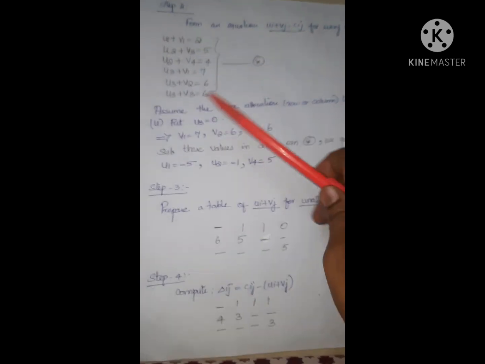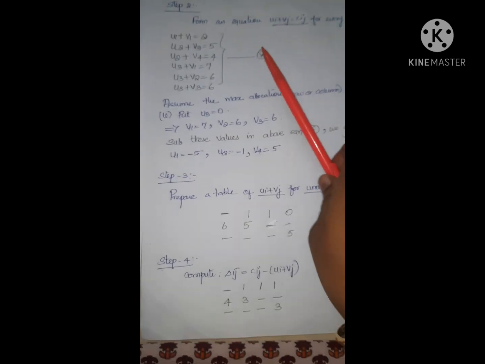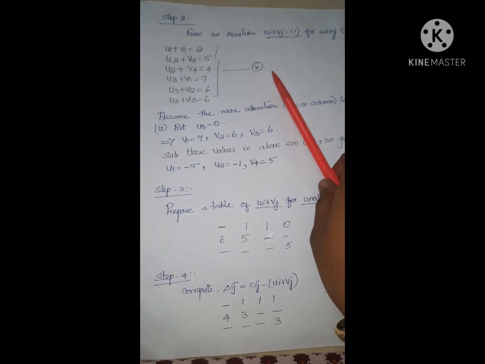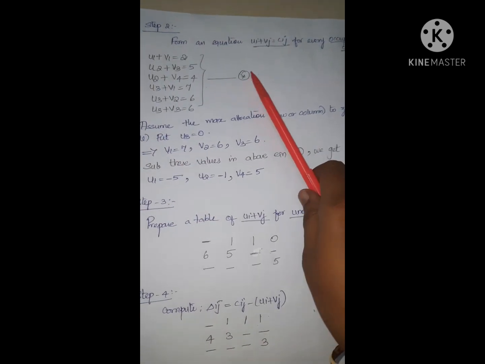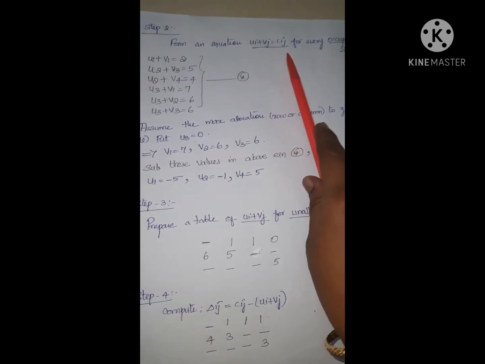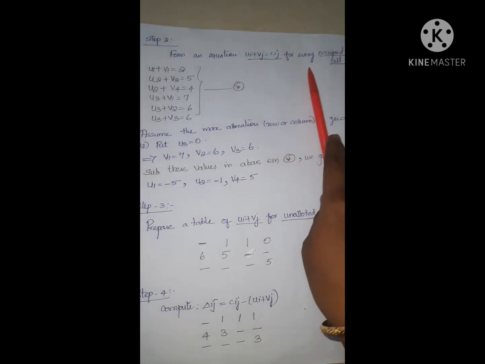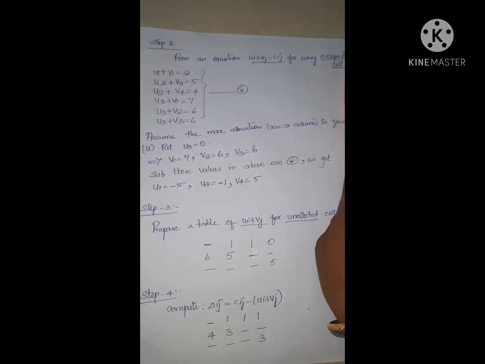Next step in our optimality test. We are going to form an equation for the previous step 1 table as ui plus vj equal to cij for every occupied cell.